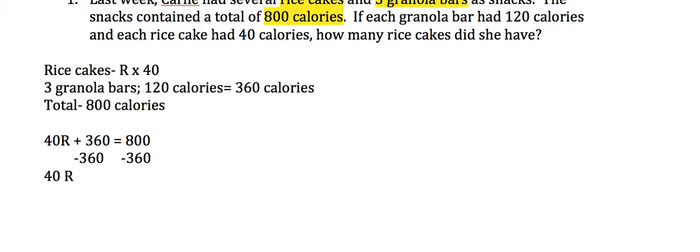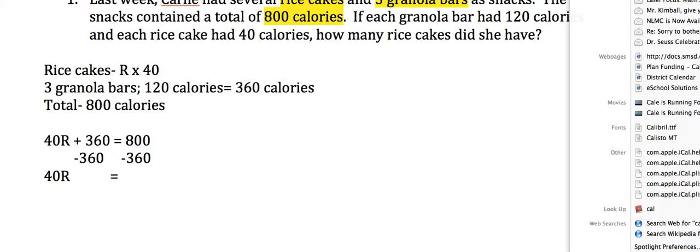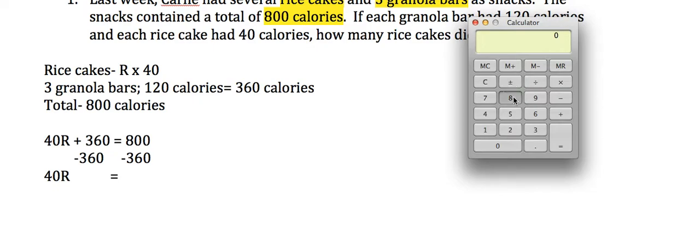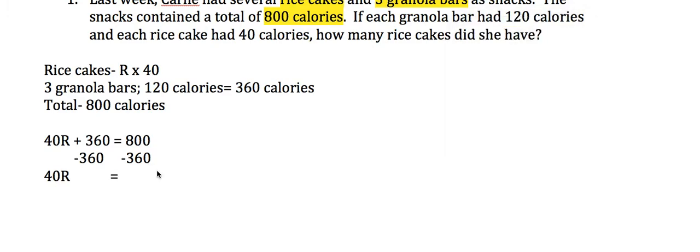So we have 40R, or 40 times R, these cancel out, equals, let's get that calculator back out, 800 minus 360, 440. So 40R equals 440. Okay, to solve for R, we're going to divide both sides by 40.